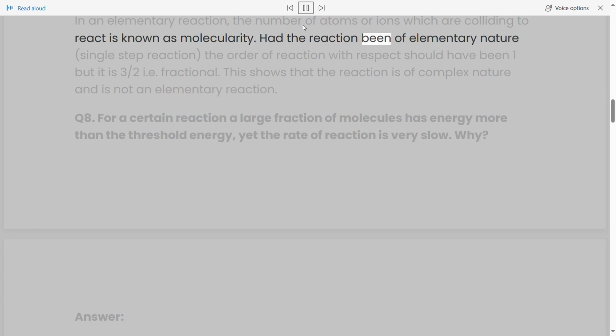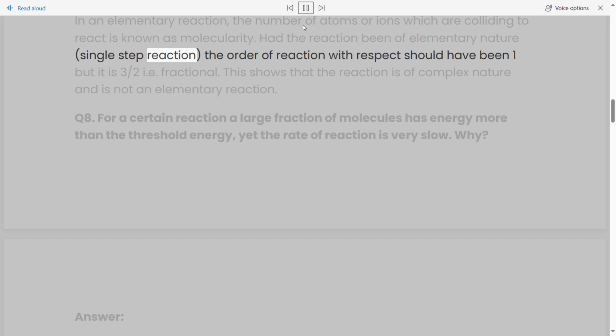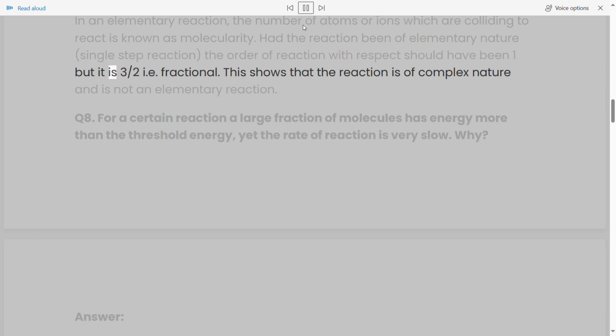Had the reaction been of elementary nature, a single-step reaction, the order of reaction with respect to B should have been 1, but it is 3/2, a fraction. This shows that the reaction is of complex nature and is not an elementary reaction.